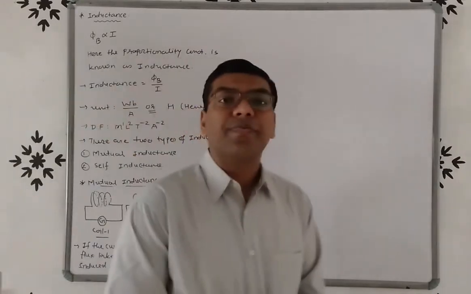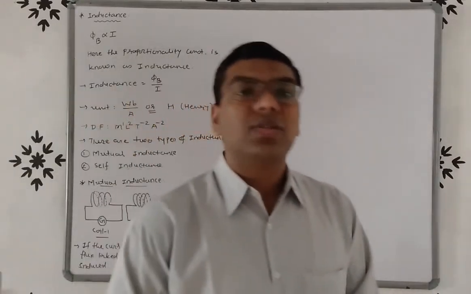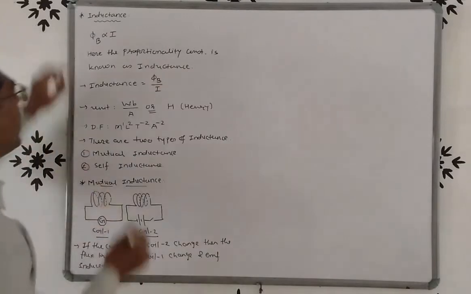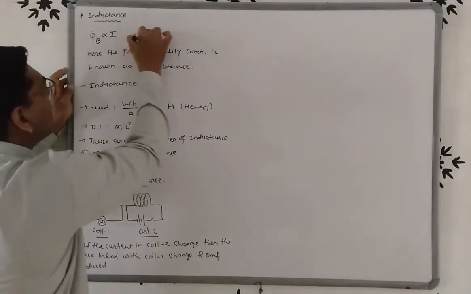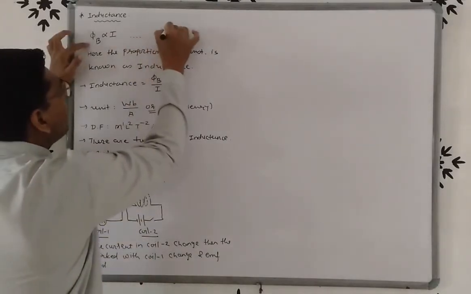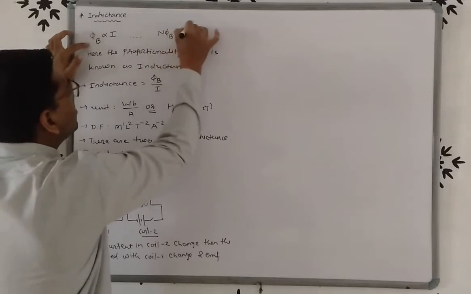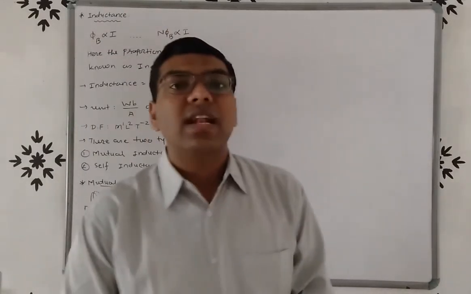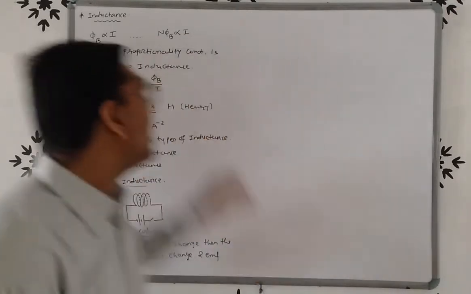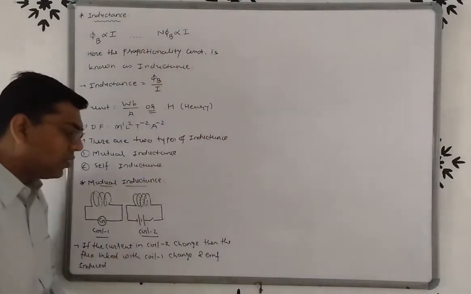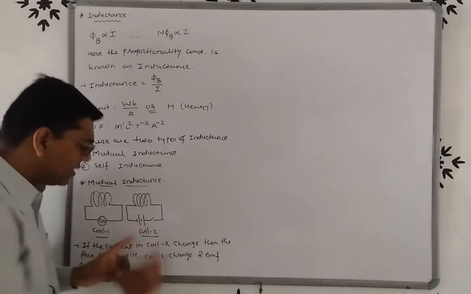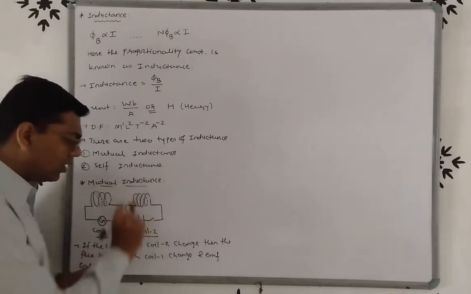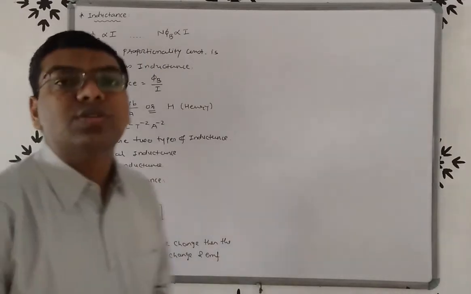Now if there are n number of turns, we can write this equation like this: n phi b is directly proportional to current I, right? See here, friends, the current in coil 2 changes.